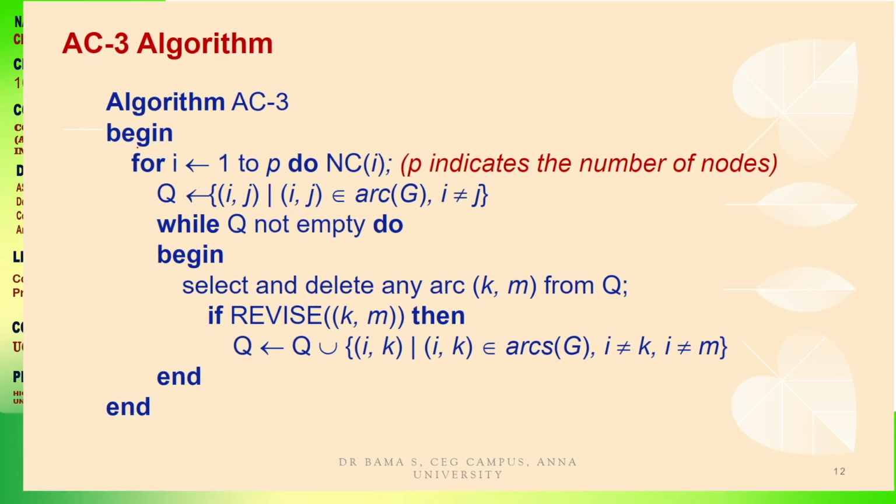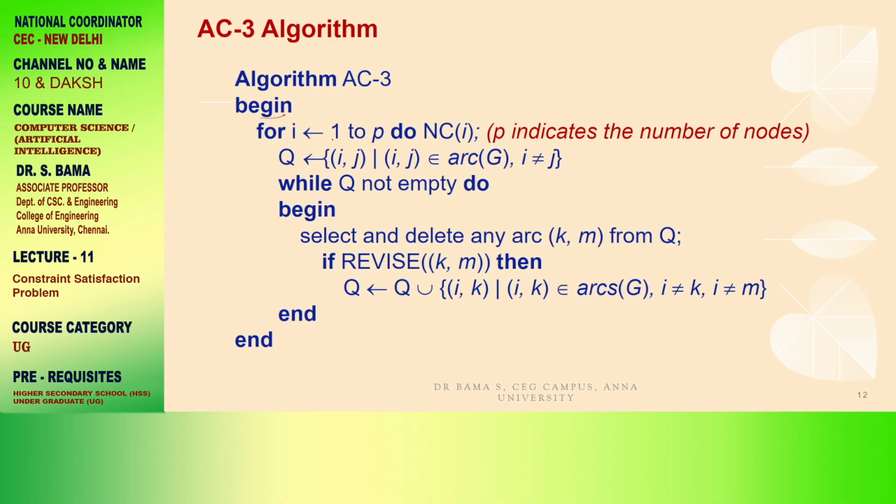So, we will first look at this algorithm, then we will solve a problem with it, then come back again to this algorithm and see. So, it goes like this. The algorithm begins here and i is a variable which goes from 1 to p. Here p indicates the number of nodes in the CSP problem.